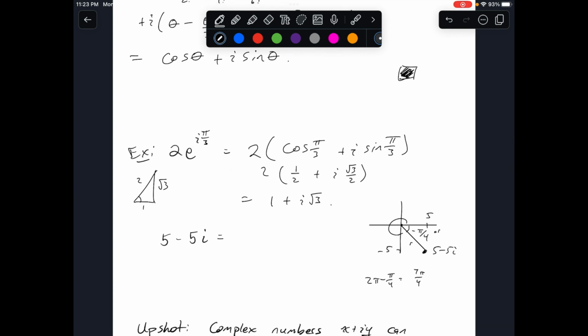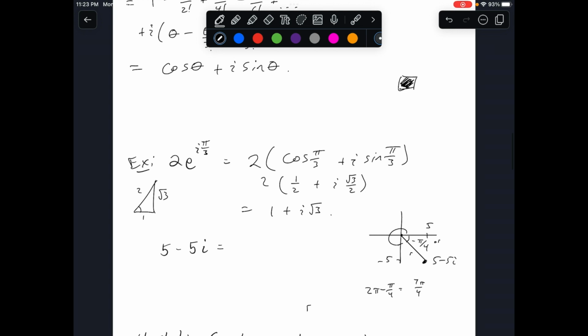And what would the radius be? Well, by the Pythagorean theorem, r squared is equal to a squared plus b squared. So 5 squared plus 5 squared, that's 50. So r would be the square root of 50, which is 5 times the square root of 2.